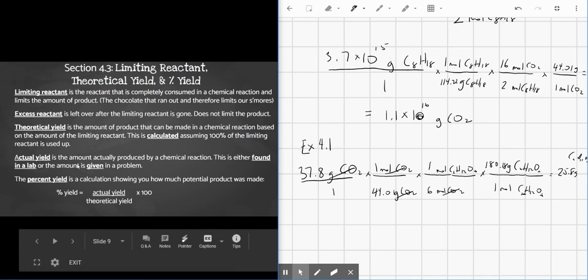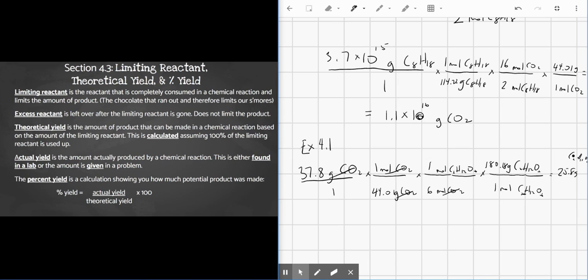The actual yield, how much you actually produce, you would have to collect the glucose from that plant and see how much was actually made, or you would have to collect the carbon dioxide, which would kind of be impossible, and measure how much was actually made. So it's only found either in the lab by measuring, or usually it's just given in the problem. It'll say this is how much you actually made.